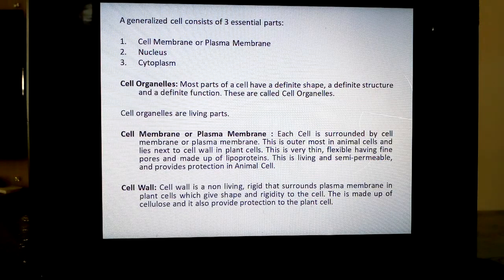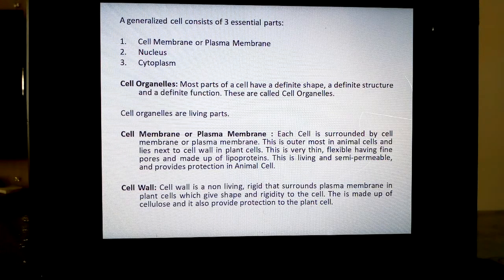But an organ is made up of many cells and many tissues, which finally together perform one single function. Cell organelles are the small structures found in cytoplasm. This is the difference between cell organelle and organ. Cell organelles are living parts of a cell.